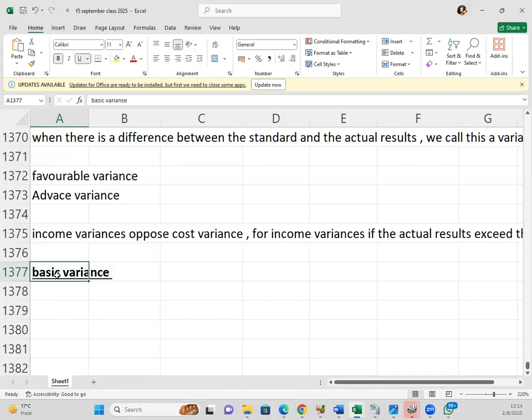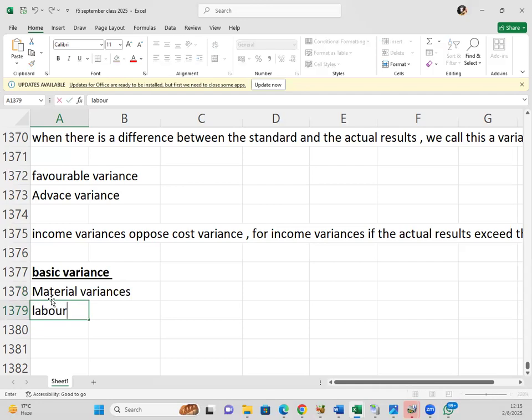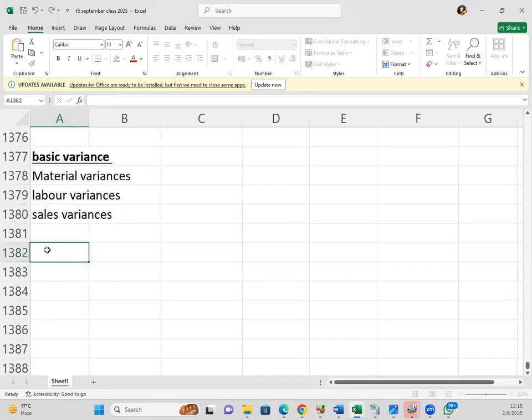The basic variances are the material variances, the labor variances, and the sales variances. We need to know the basic variances so that we can expand them to the advanced variances.